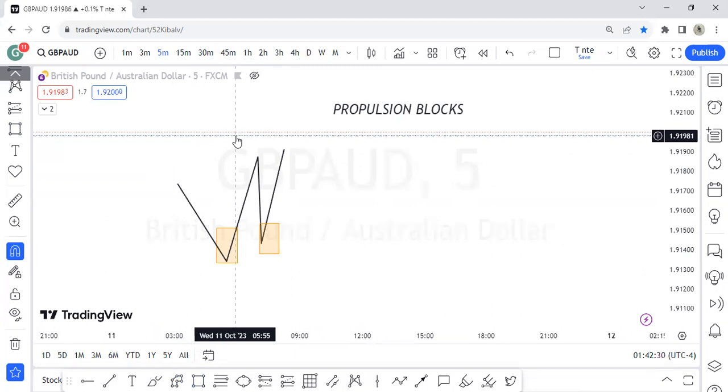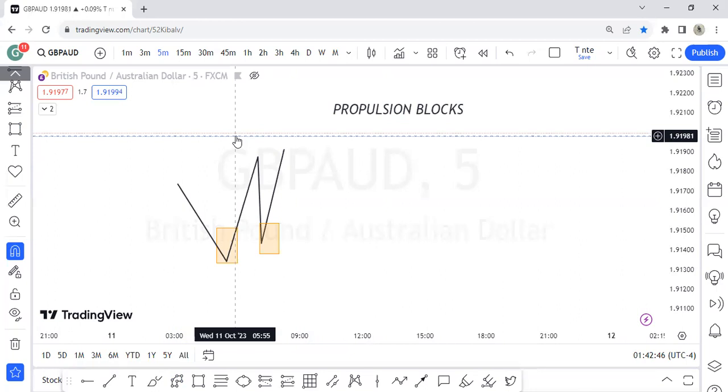So it acts like fuel to the existing intent in the market. The market is bullish, and when it taps into an order block and then moves away, that candle that moves price away from the order block is what we refer to as an ICT propulsion block.